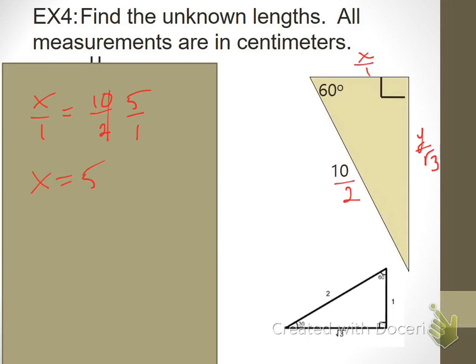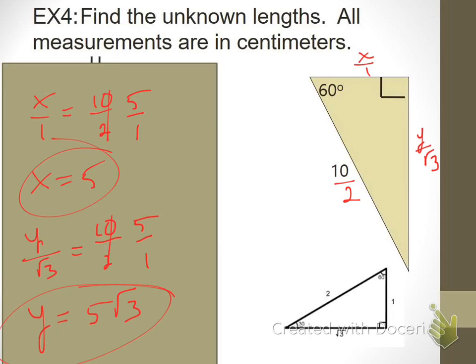There's no problem with doing that. And then the long leg, y over radical 3 equals 10 over 2. Again, reduce it to 5 over 1. Cross multiply, and y ends up being 5 square root of 3. Definitely a pattern to this, so if you pick up the pattern, feel free to use it. But until then, these proportions hopefully make enough sense as well.